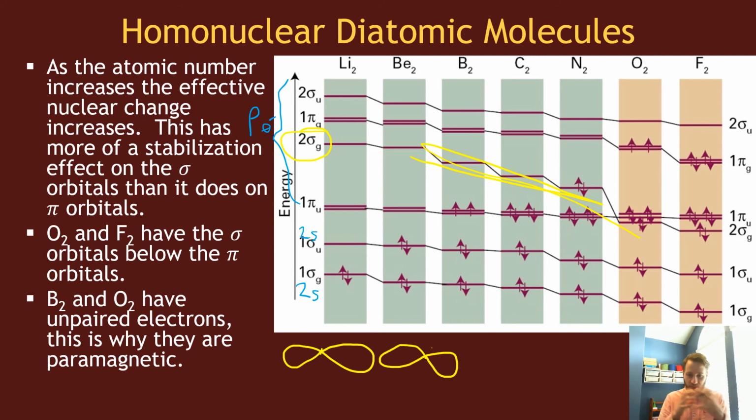You've crowded the electrons too much in the same region of space, and that's increased electron-electron repulsion, which has destabilized these orbitals. That's why for lithium to nitrogen, the sigma bonding orbitals in the p space are higher in energy than the pi bonding orbitals. That's because of this electron-electron repulsion from the very high overlap.